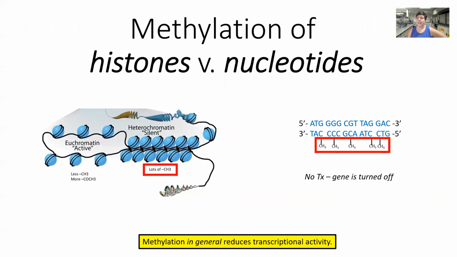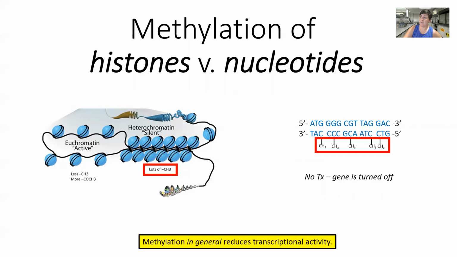And I also wanted to add that there's a little confusion about this as well. Epigenetics refers to basically having DNA transcriptionally active or inactive without changing the nucleotide sequence.